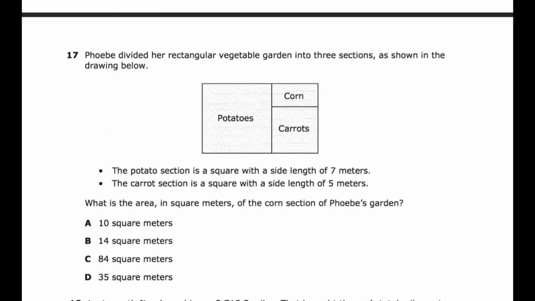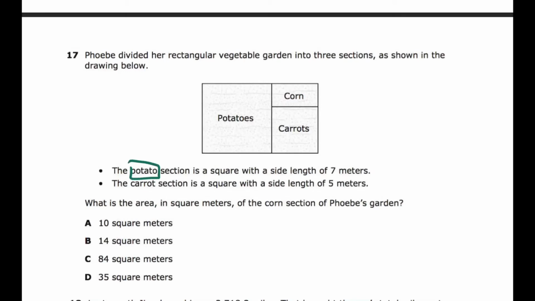Moving on to number 17. For number 17, I kind of expected this to be a little bit difficult, but I was hoping that some of us would be able to get some good information out of here. Phoebe divided her rectangular vegetable garden into 3 sections as shown in the drawing below.